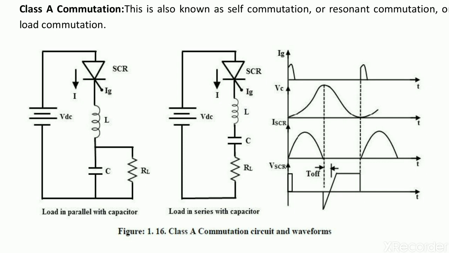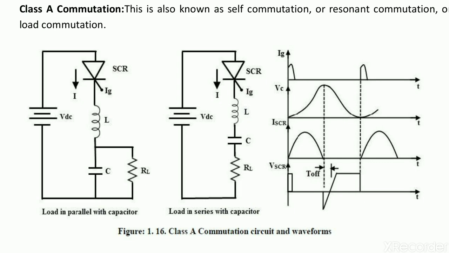How does the commutation happen? The first step is providing DC supply and triggering the SCR through this gate terminal. The SCR is turned on, then the forward current flows and charges the capacitor and inductor. After the capacitor is fully charged, the polarity of the capacitor plates will be plus at the top side and minus at the bottom side.